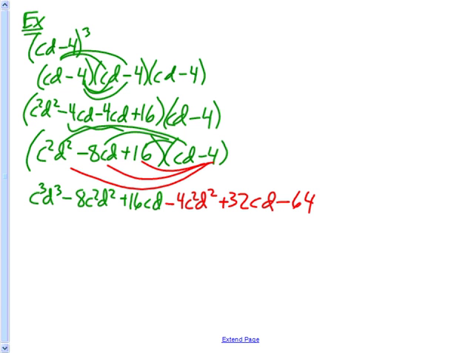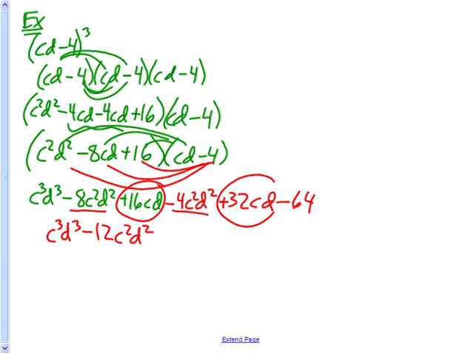Okay, combine any like terms, so c cubed d cubed is all alone. See if there's any more of those c squared d squared. Negative 8 minus 4 looks like there is. Negative 12c squared d squared. I got a 16cd plus 32cd, so there's a 48cd, and then I'm left with that minus 64 on the end.